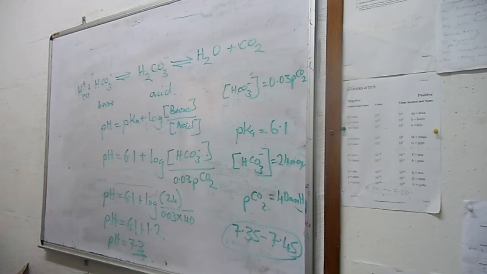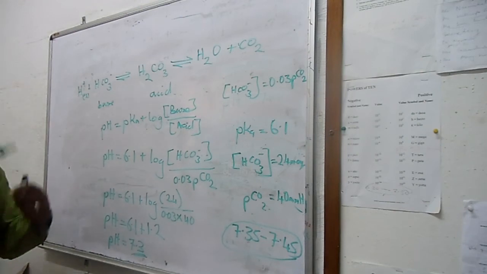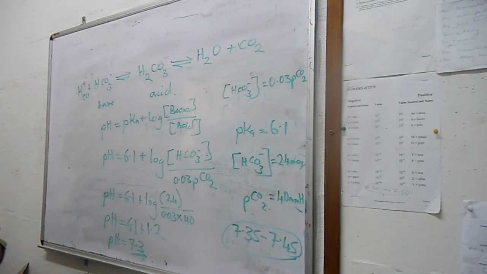Hemoglobin can also be used as a buffer, using the histidine residues. Ideally, these are buffers that will tend to maintain the pH of human blood at a constant level of 7.35 to 7.45.